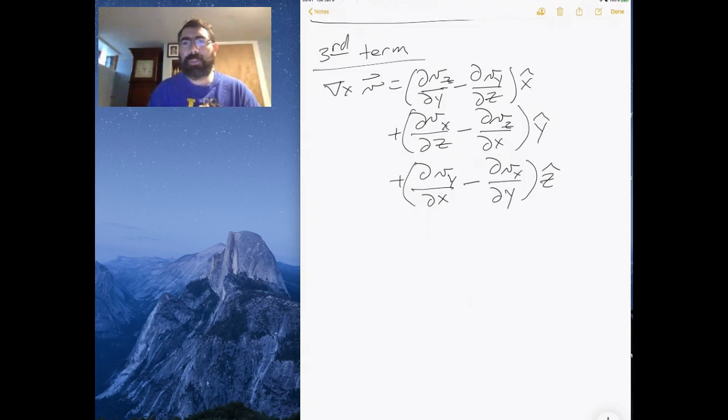Now we can write out these partial derivatives in terms of their dependence on t.